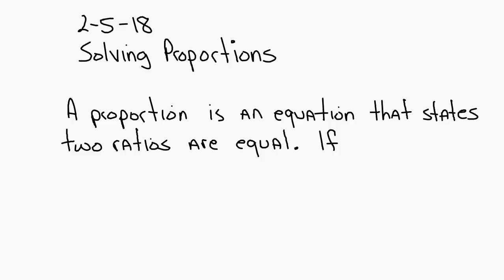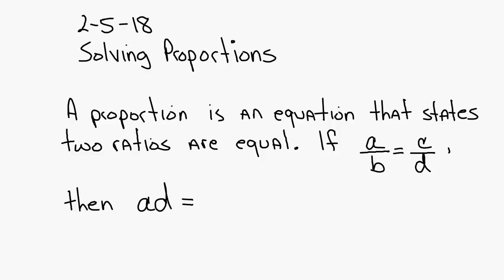If A over B is equal to C over D, then AD, A times D, is equal to B times C. Crisscross products are equal to each other.